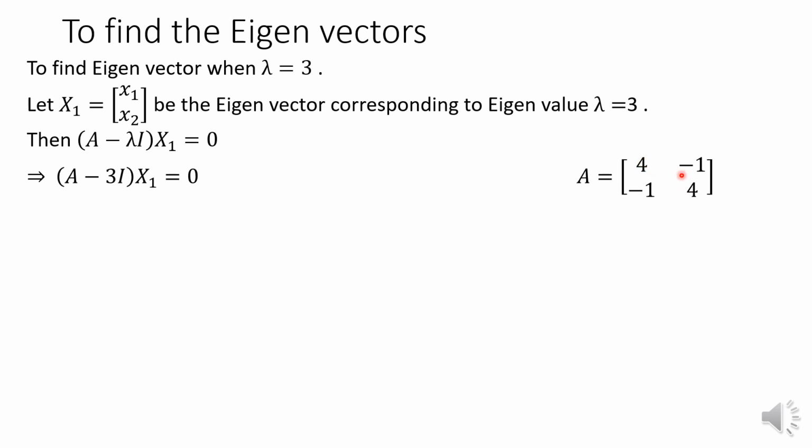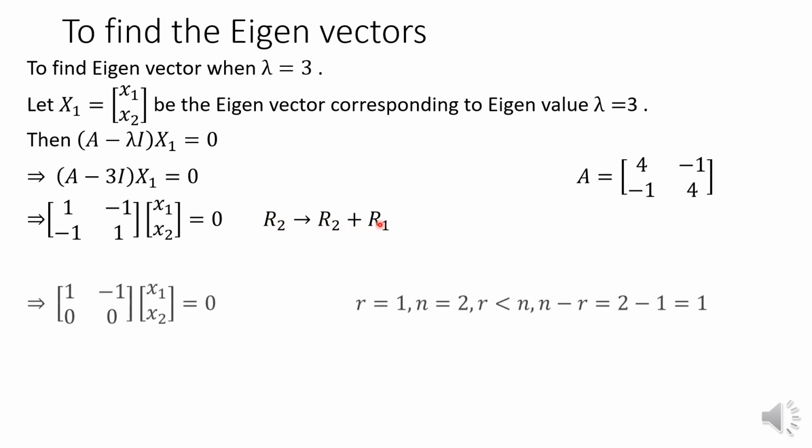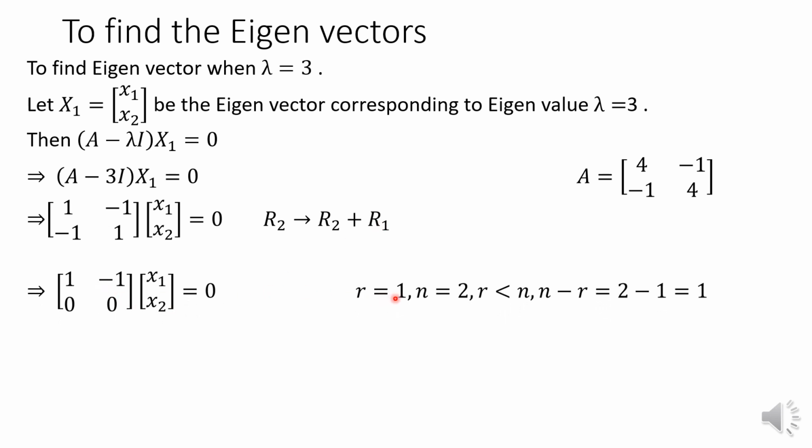4 minus 3, here also 4 minus 3. So we get 4 minus 3 is 1, and here also 1. So we get this matrix, and we have to make this element 0. So the row operation is R2 changes to R2 plus R1. So rank R is equal to 1, n is equal to 2, and you already know all these things.